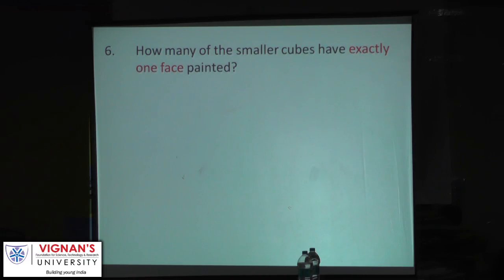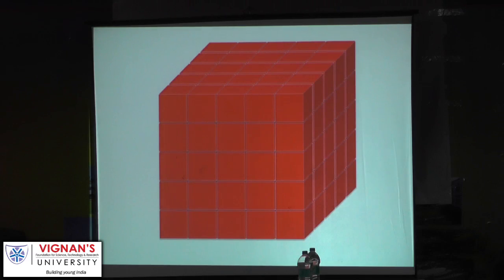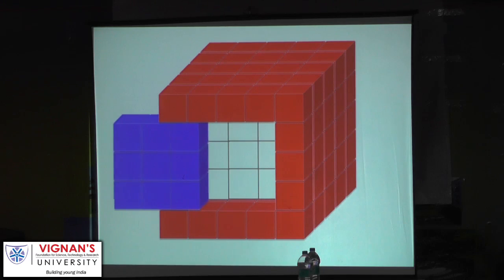Where do you find these cubes? Do you find them at the corner, or along the edges, or on the surface? This is the cube. Where do you find cubes with one surface painted? There. Am I right?